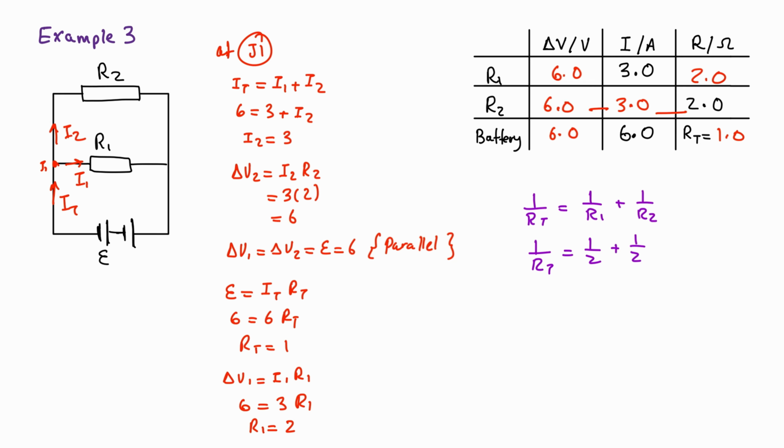Resistance 1 and 2 are both 2. That would mean 1 over RT is equal to 2 over 2. RT is equal to, take the reciprocal, which is 1.0. And that confirms that the solution is the same using both of the methods.